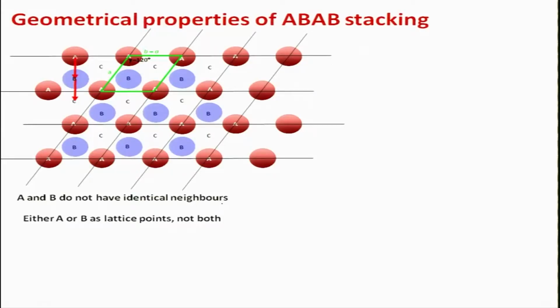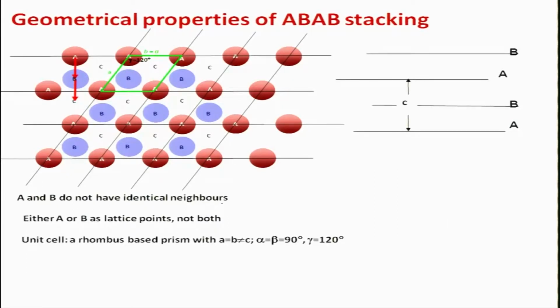As a result, you need to combine both of them to have identical neighborhood, so if you remember the discussion that we had during primitive and non-primitive lattices, you need to combine both of them to call it a proper lattice. So A and B do not have identical neighbors, as either A or B as lattice points, but not both.